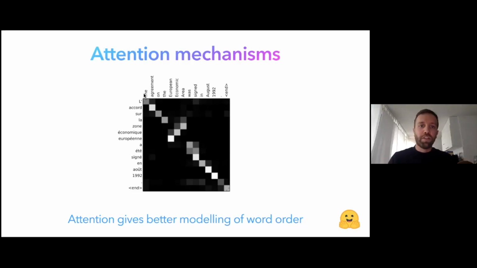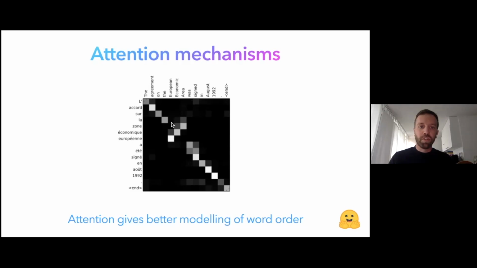So when it needs to translate the word "de", it looks at that word to then predict the word "l'", which is the same thing in French, and so on. You see, it's pretty well aligned. But then there's "the European Economic Area", and in French the word order is turned around, and you can see that this is reflected in the attention.